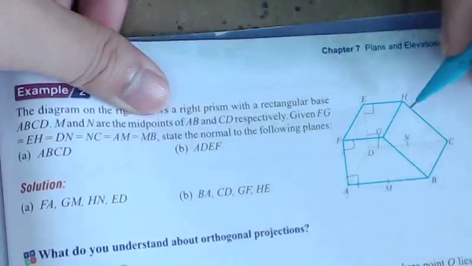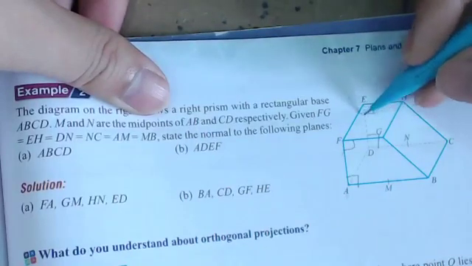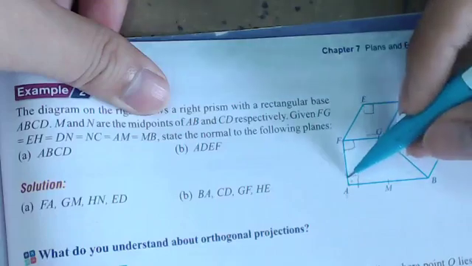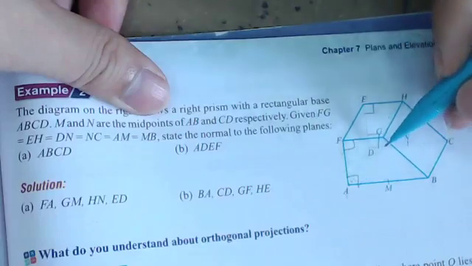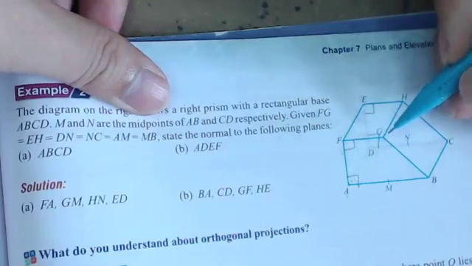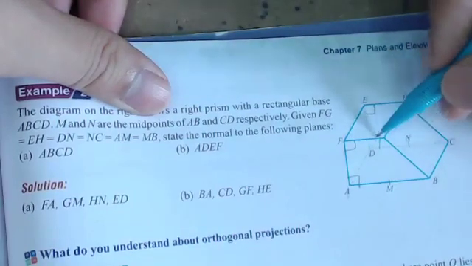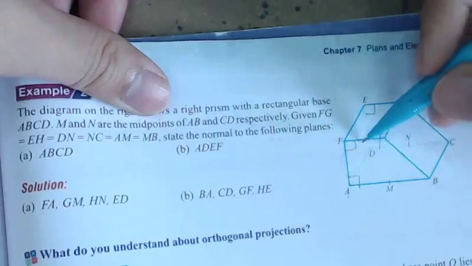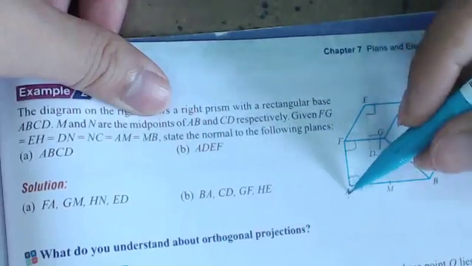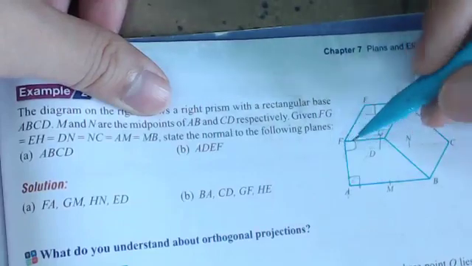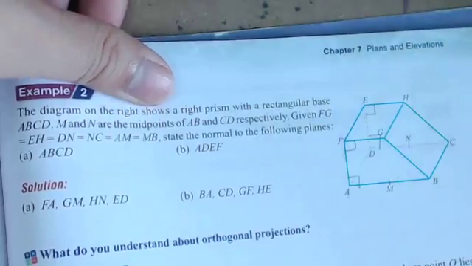EH, AB, DC, with FG. So we got four corners, which are straight lines to this plane ADEF. Everybody, you got the idea?